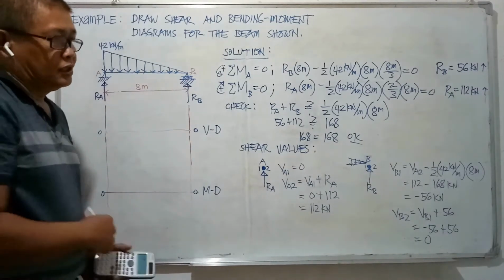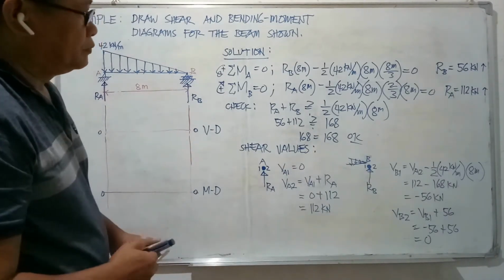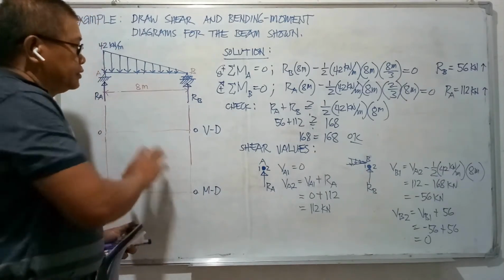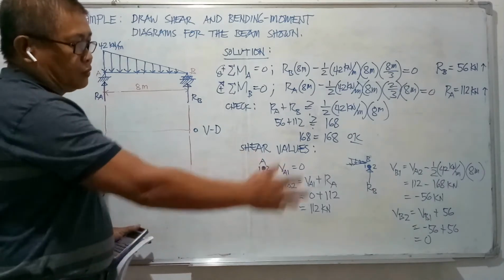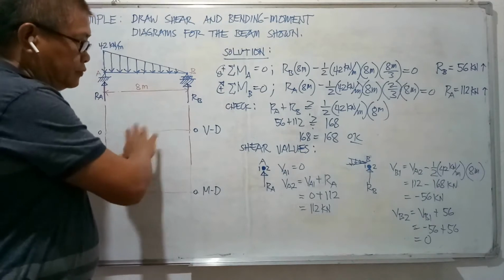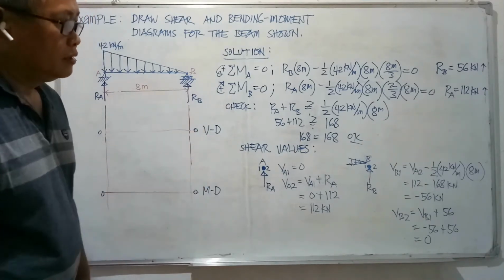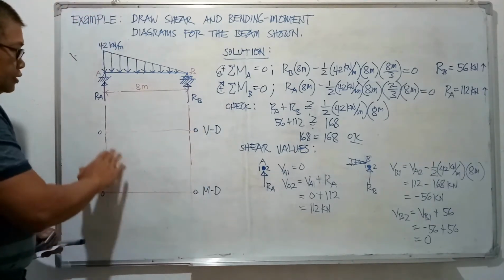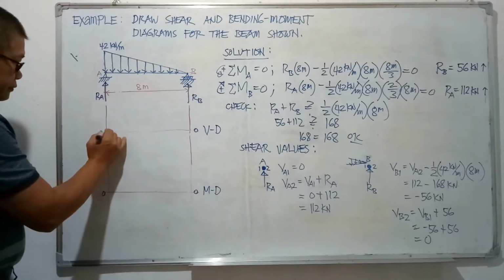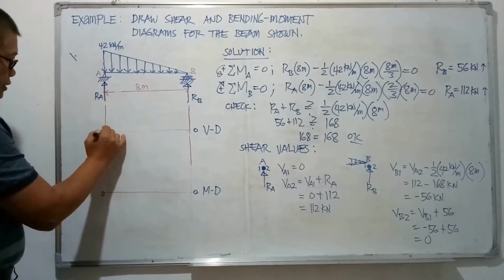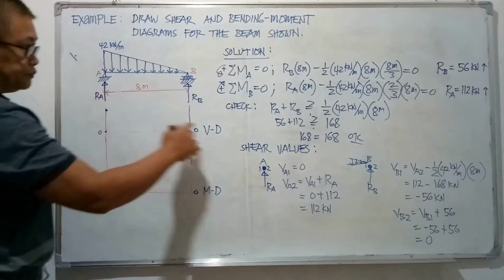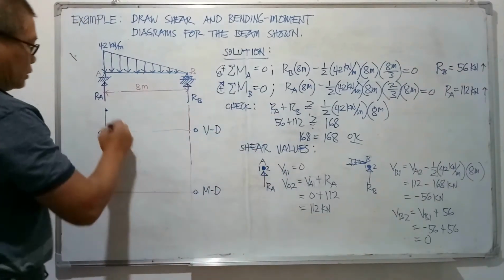So it closes the shear diagram: it starts with 0 at the left and ends with 0 at the right. That's one way of making us confident that the shear values we computed are right, because our diagram for shear closes. It starts with 0 here and goes up by the amount of R sub A, which is 112.